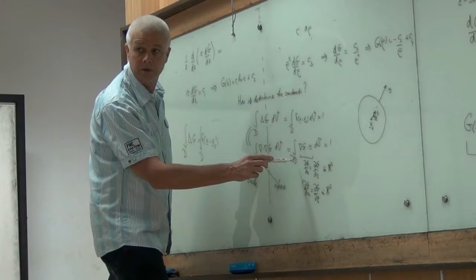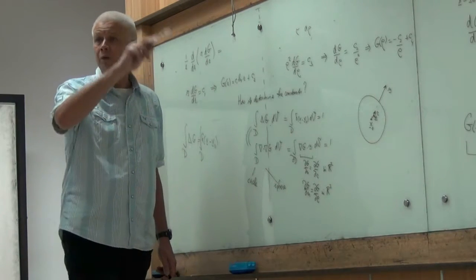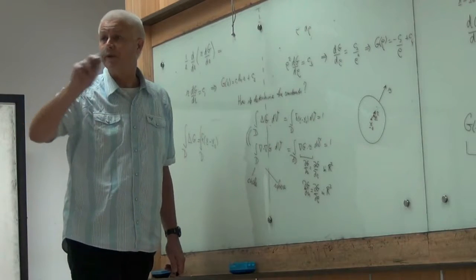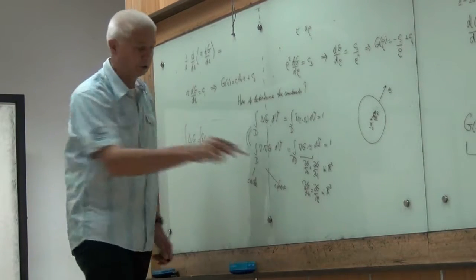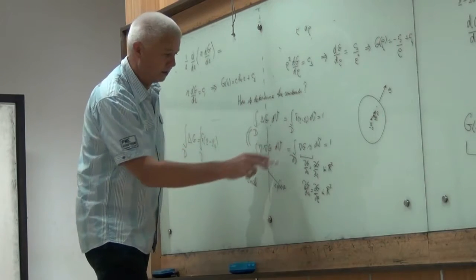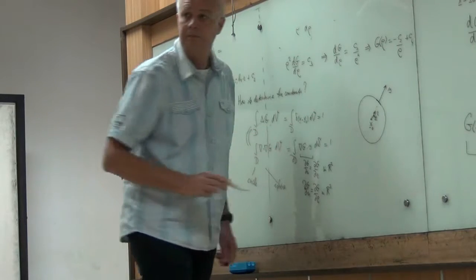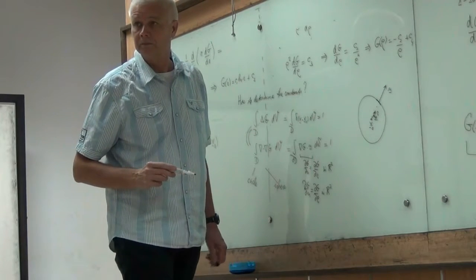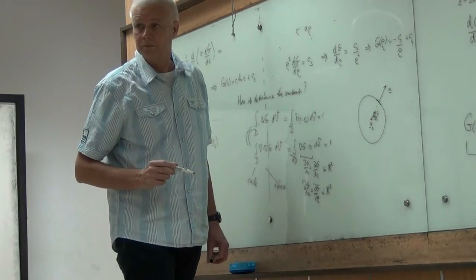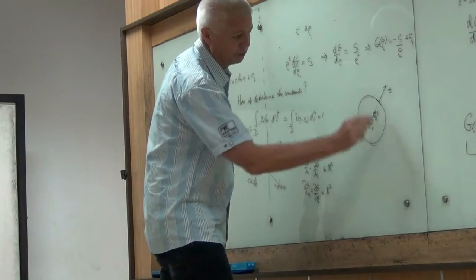But G is a function of r, and r is constant on the circle. Which r? The radius of this circle. So the radius of this circle is constant.